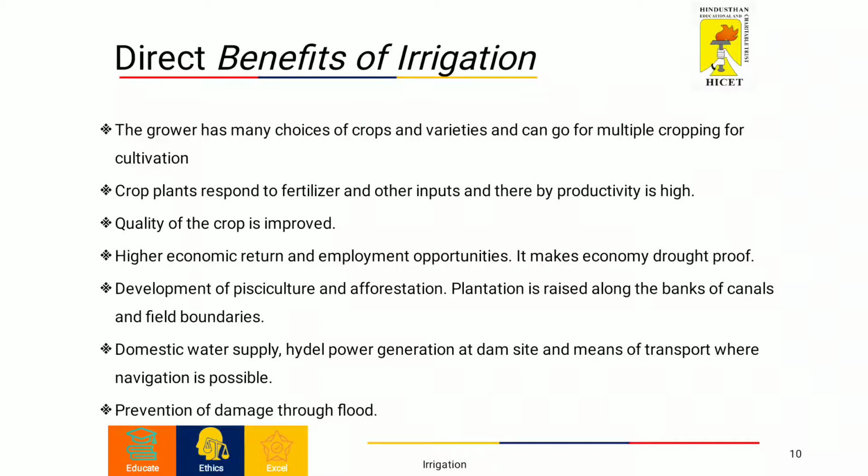Here comes the direct and indirect benefits of irrigation.